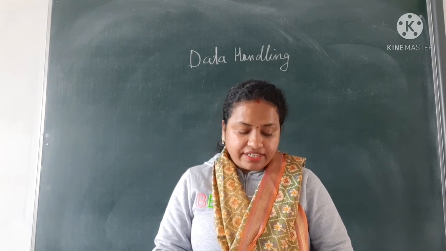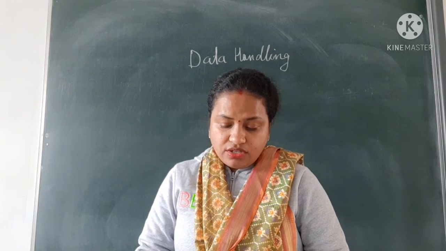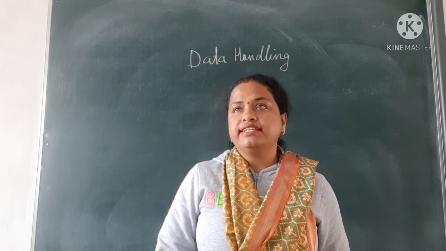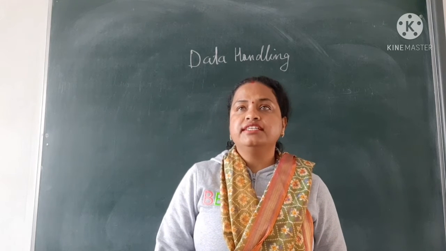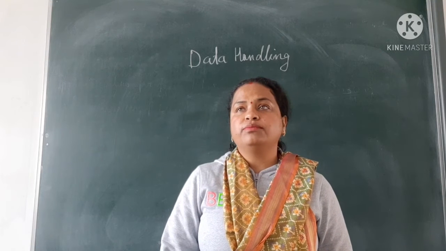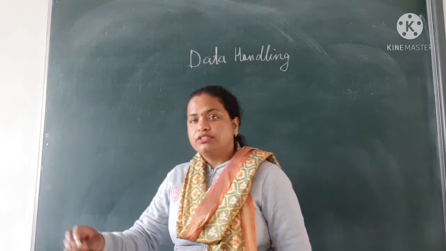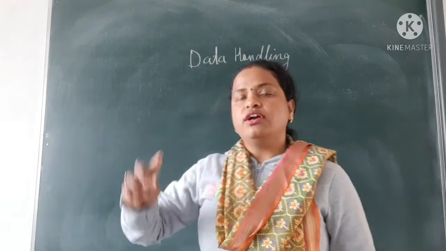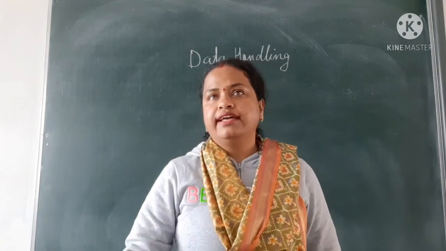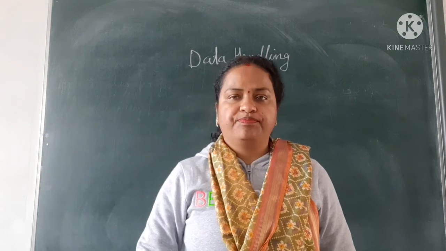Then what is array? It is very difficult to draw any inference from this raw set of data, so we arrange it in ascending or descending order. When you arrange any data in ascending or descending order, it is said to be an array. Suppose 20 students have gone to the market to purchase shoes.